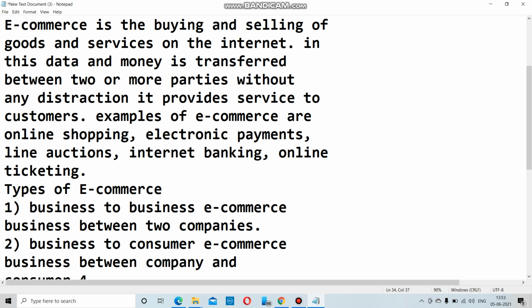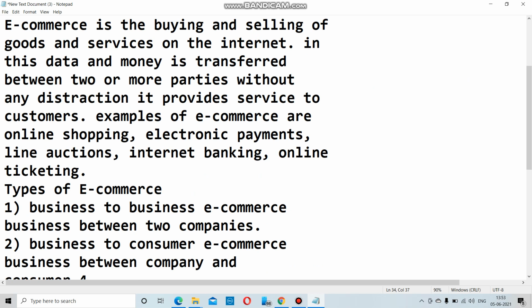If a customer wants anything, they can directly go to the website, buy the goods and services, and pay electronically or pay on delivery.